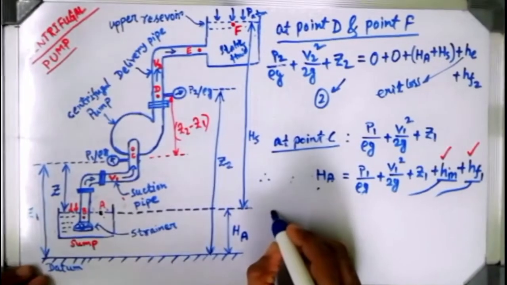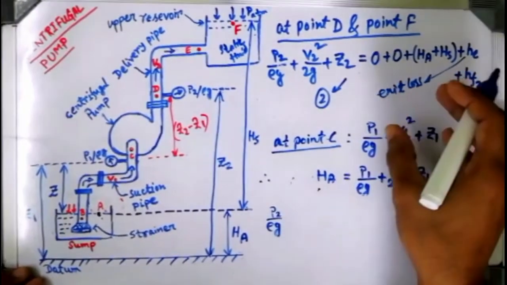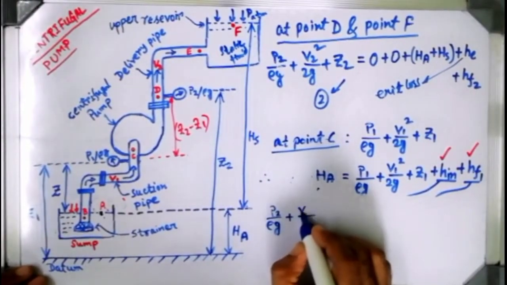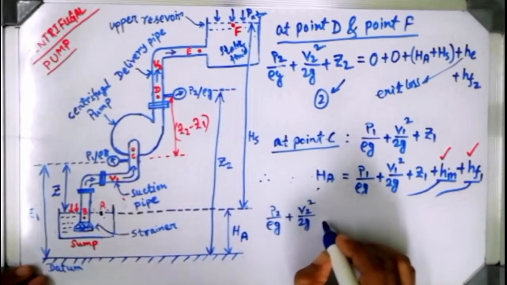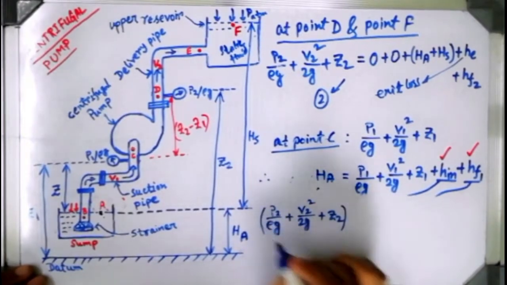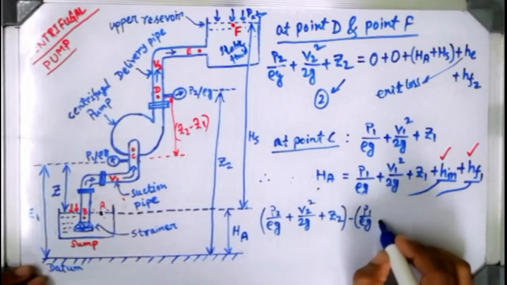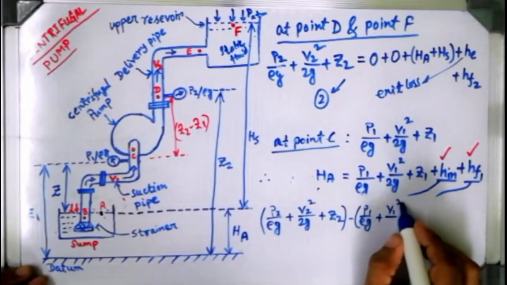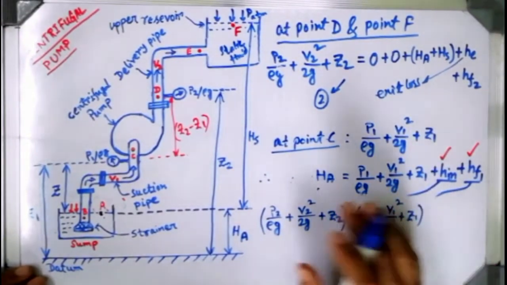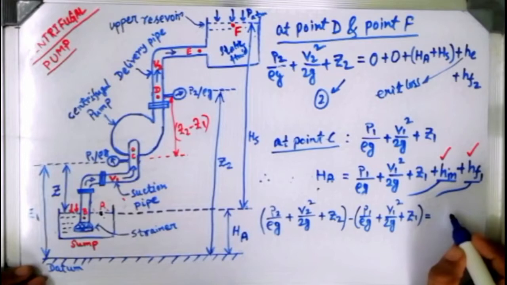If you arrange this, it will give you P2 by rho g, and after putting in those values and doing some shuffling, I can express it this way: V2 square by 2g plus Z2, keeping it inside a bracket, minus P1 by rho g plus V1 square by twice g plus Z1, and keeping all the losses as well as the elevations on the right side.